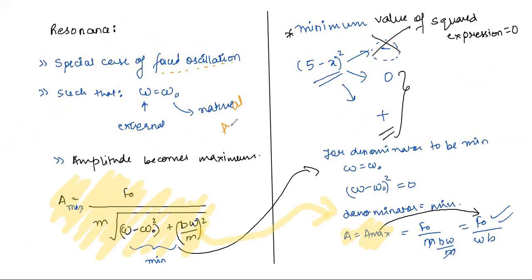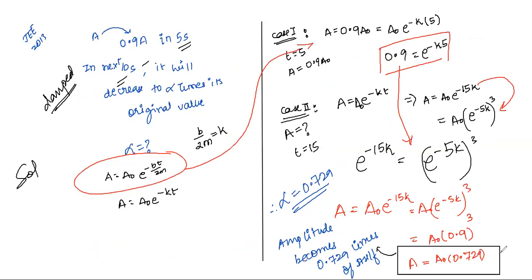In resonance, we saw that it is a special case of forced vibration, which happens when the natural frequency and the externally applied periodic frequency become equal to each other. Then we saw that in such a scenario, amplitude becomes maximum, right? And the value of that maximum amplitude is F naught upon omega b, correct? Now, we saw a question where the amplitude was changing from 9 to 0.9 in 5 seconds. We were asked, in the next 10 seconds, how much will the amplitude be of its initial value?